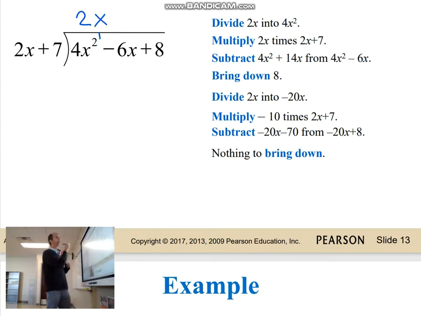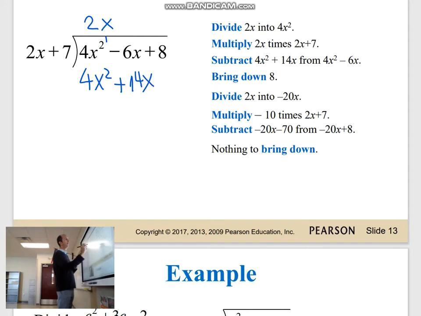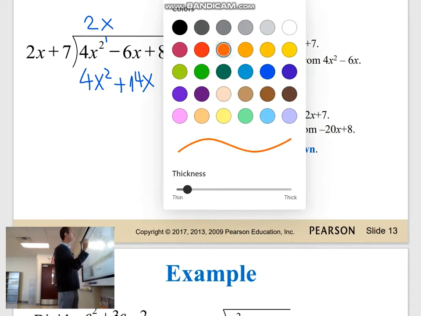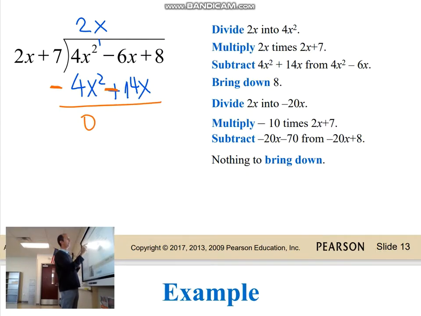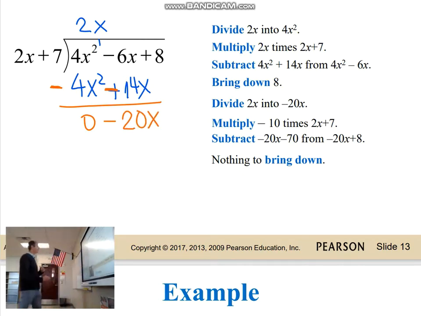Now multiply 2x by 2x plus 7, and then we will have 4x squared and 2x times 7 plus 14x. Subtract, you're going to subtract, and 4x squared minus 4x squared is 0, negative 6x minus 14x, negative 20x, right?